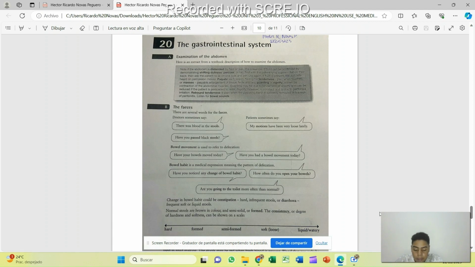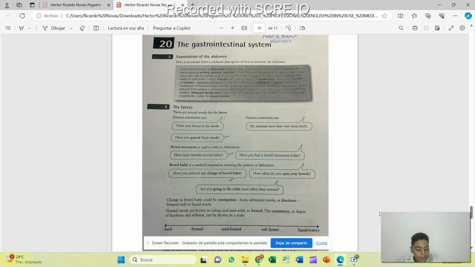FOB. When there is no bile reaching the stools, they are pale and are sometimes described as clay-colored stools.